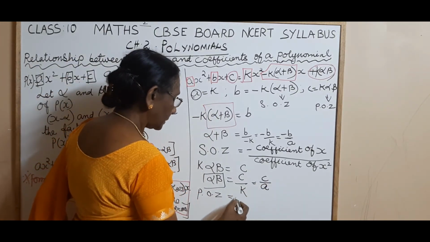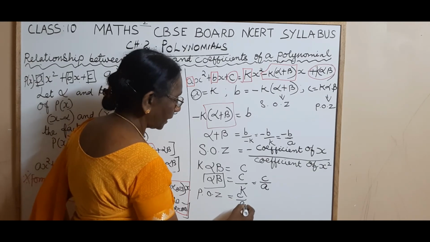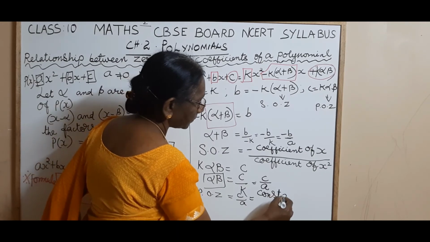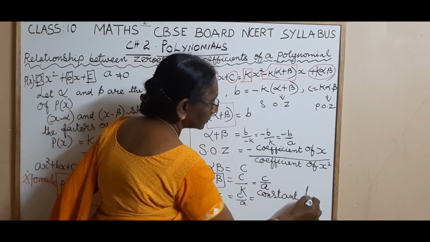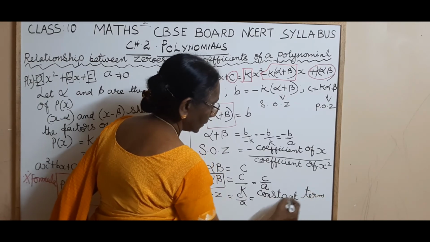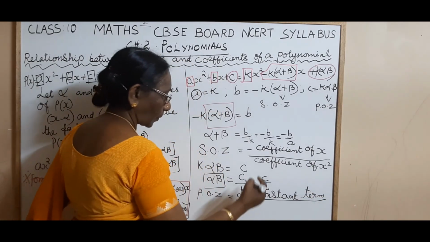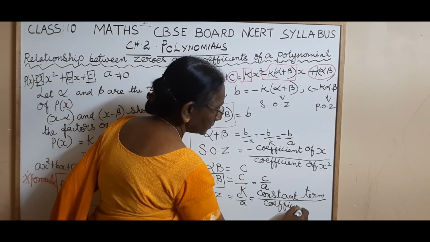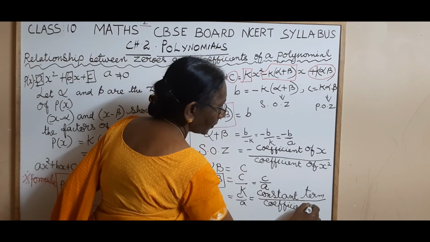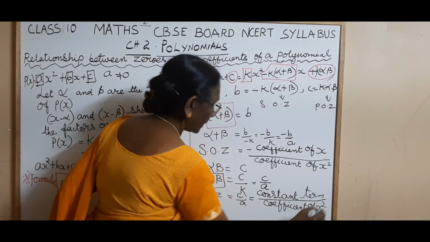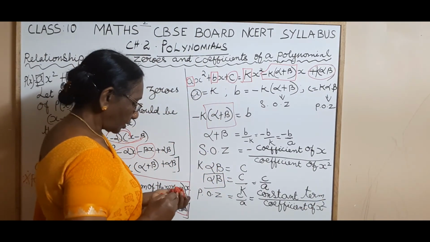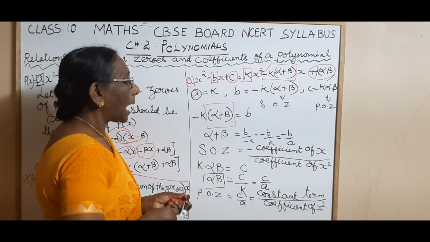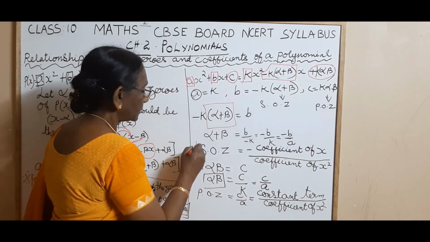Product of zeros. This can be written as c by a because a is equal to k. So what is this? Product of zeros is equal to c by a. That is, c is the constant term by, what is a? Coefficient of x square. So now we got the relationship between the zeros of a polynomial and the coefficients.